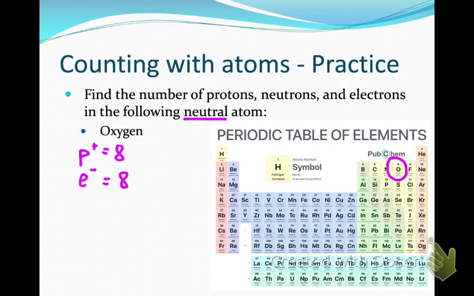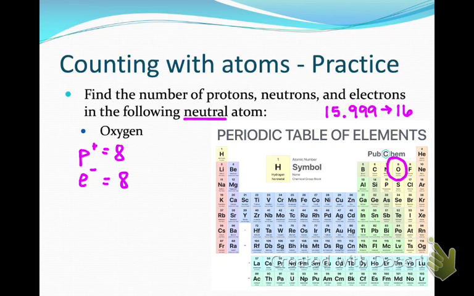It's actually not even listed on my periodic table here. But if you look on your periodic table, the atomic mass comes to 15.999, right? For our purposes, we're going to go ahead and round that up to 16.